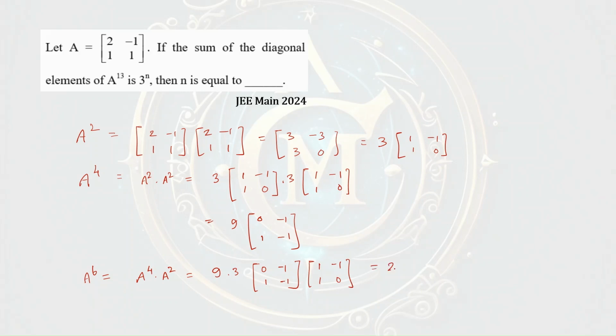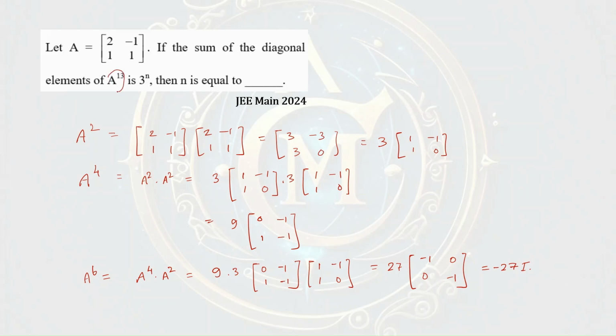This becomes 27 times the multiplication, which will give us 0 minus 1, so minus 1, then 0, then 1 minus 1, so 0, and then again minus 1. That means minus 27 times this 1, 0, 0, 1. Now this is an identity matrix. So we can write this as minus 27 I.